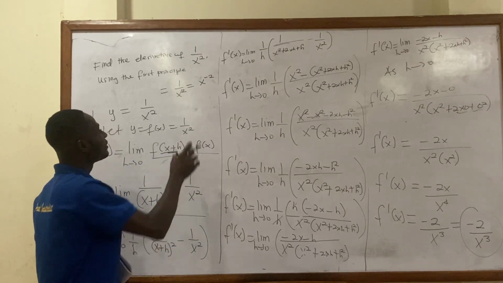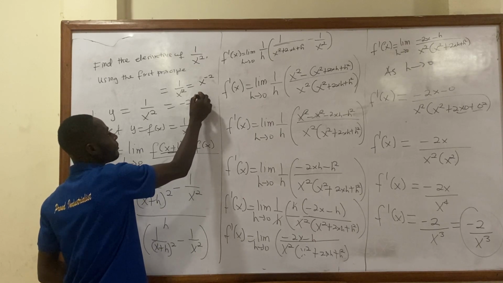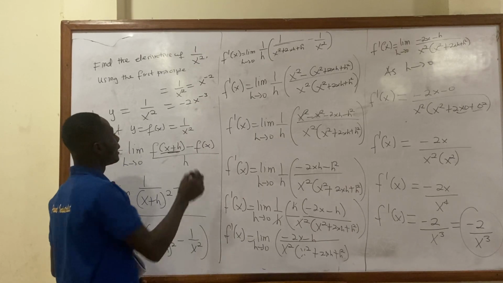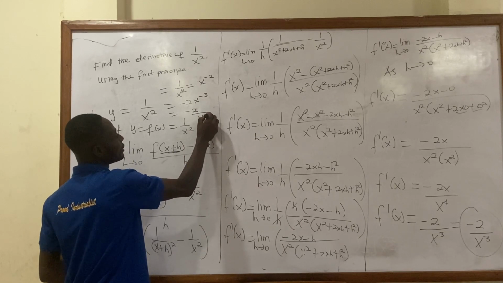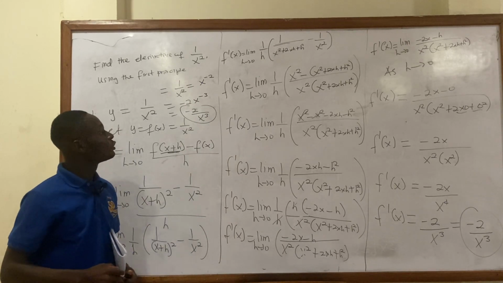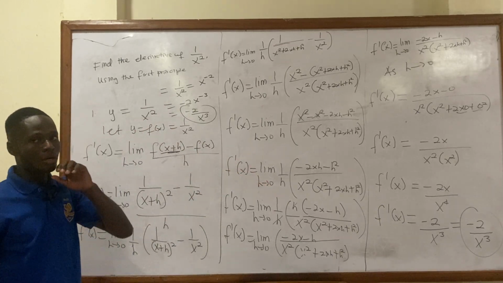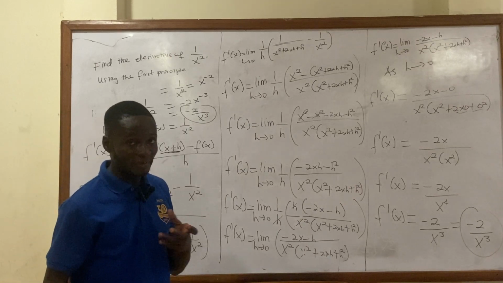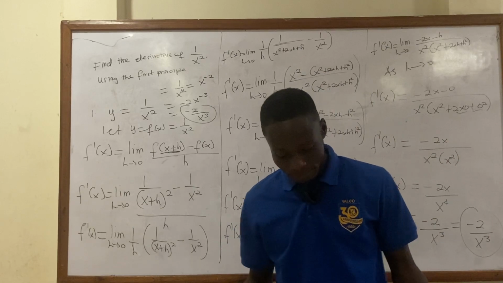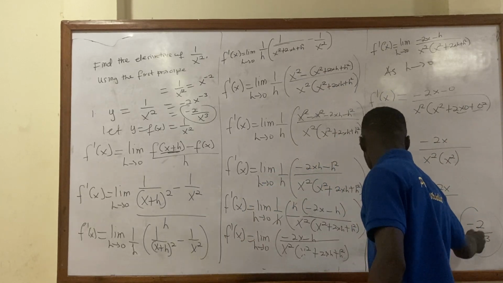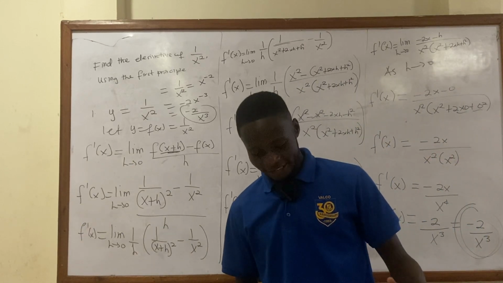So differentiating this, we have minus 2x power minus 3. And this can be written as minus 2 over x cubed. So you can easily check your final answer using the power rule to verify your solution. So this is what the final solution would be. Very, very simple. Thank you very much.